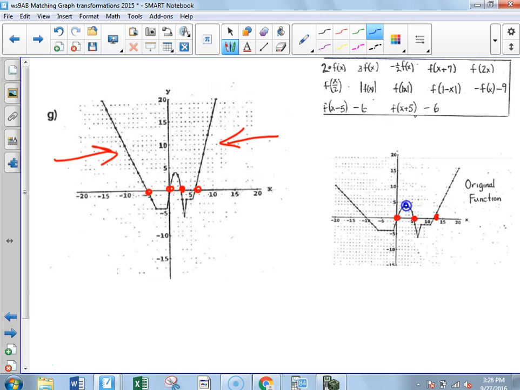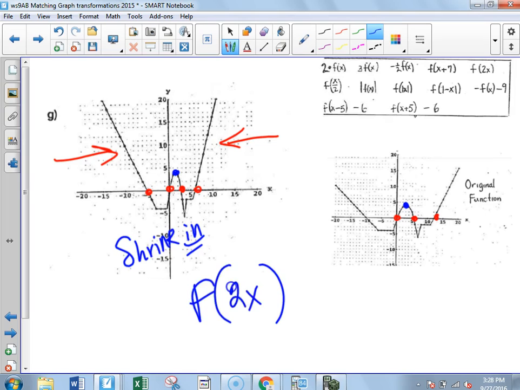Because is this still at the same spot? Yeah, the height of it? The height didn't change. The intercepts changed. They shrunk it in. What is that one? Shrink it in, yes, because shrink we would normally think half, but when it's inside it's the opposite.